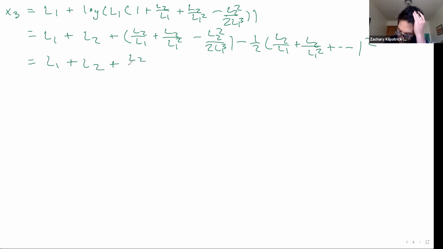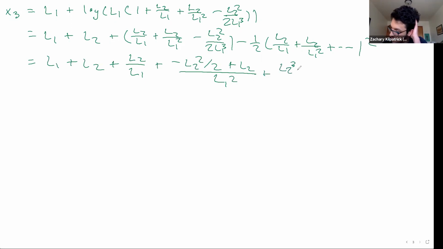The next term we have is L2 over L1, which is smaller than L2, plus minus L2 squared over 2 plus L2 over L1 squared plus L2 cubed over 3 minus 3/2 L2 squared over L1 cubed plus so on and so on, okay?